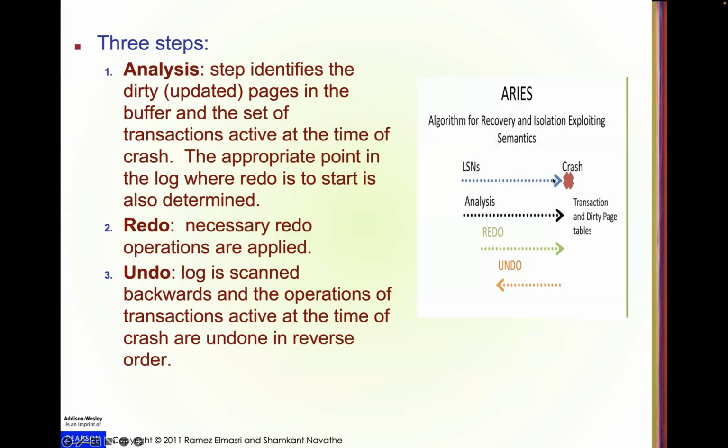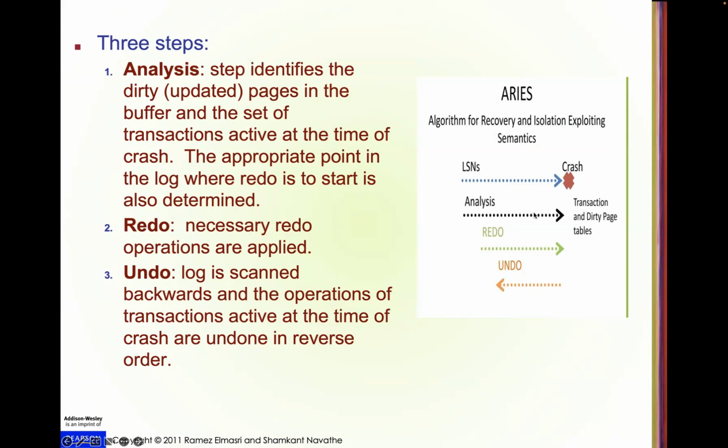Now wherever there is a system crash, it will analyze which transactions were committed, which are in the transaction table, and which transactions were still in the dirty page table. We will talk about the dirty page table shortly, which only means that these transactions were in the middle of their execution. They were active, but they did not complete and commit. So those entries are in the dirty page table. The transactions that have completed and committed are in the transaction table.